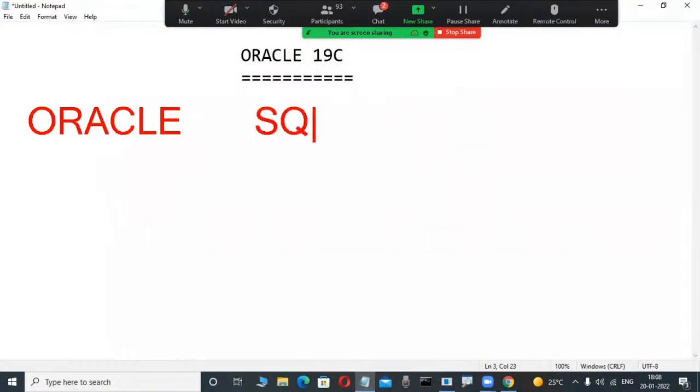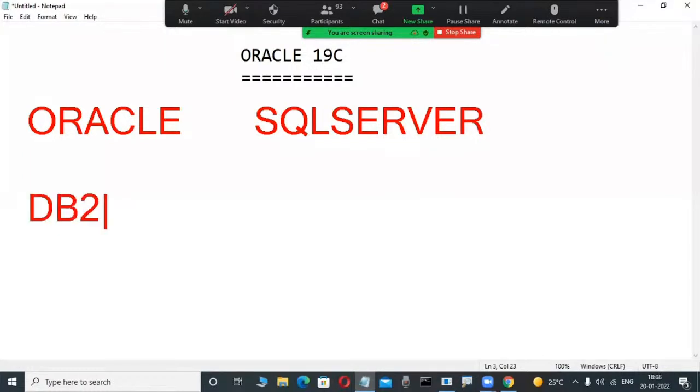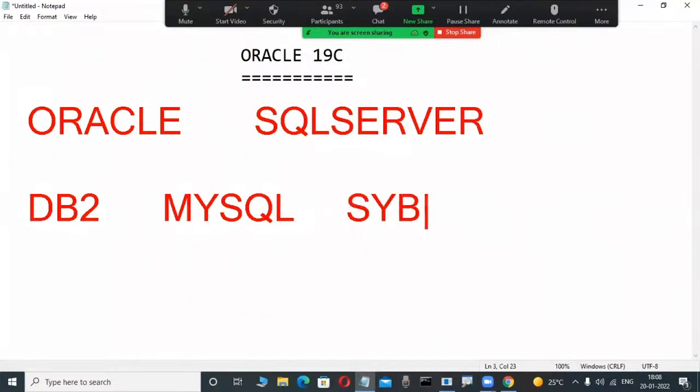SQL Server is a database product from Microsoft. DB2 is a database product from IBM. MySQL is an open source database product, but nowadays Oracle Corporation is purchasing it. Sybase is a database product from Ingres Corporation.